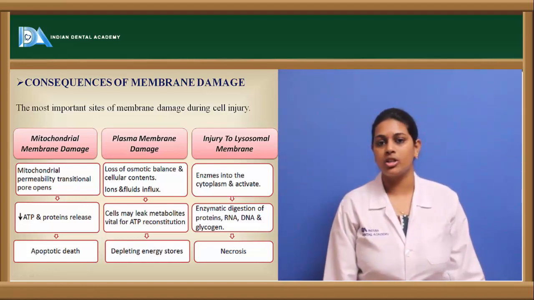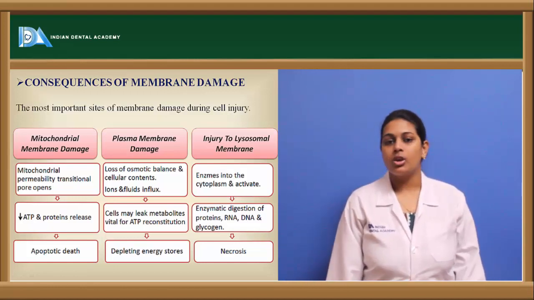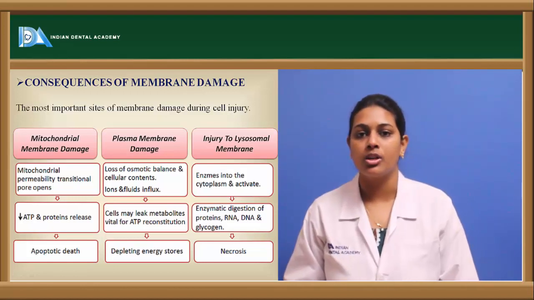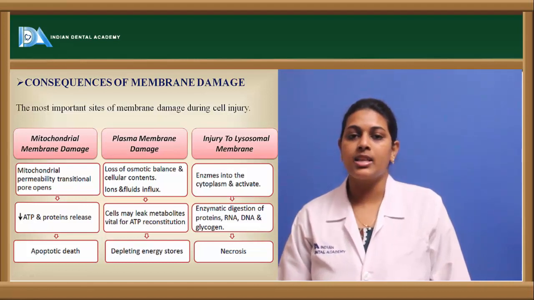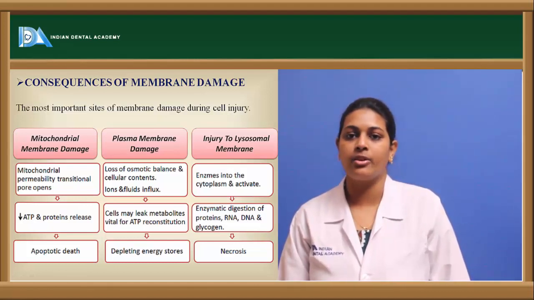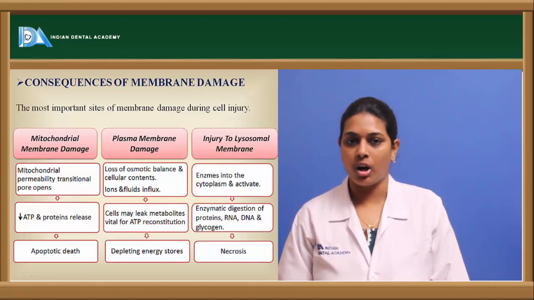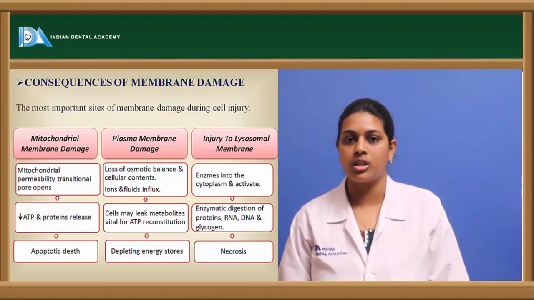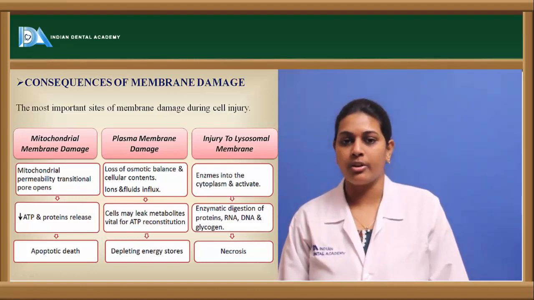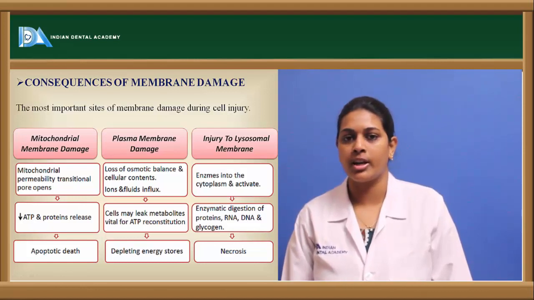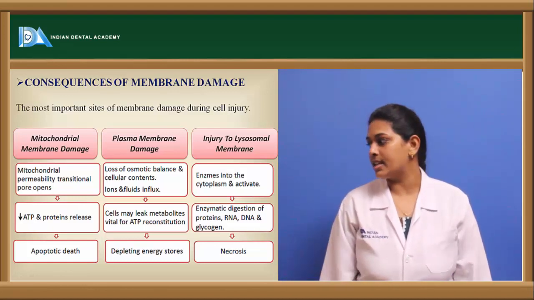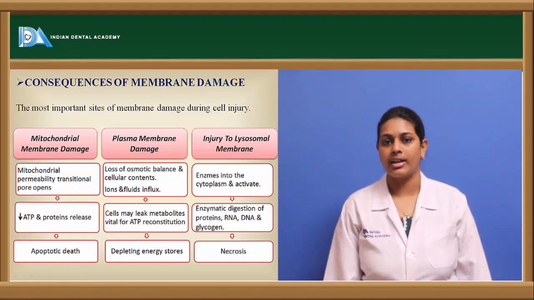Coming to the injury because of lysosomal membrane damage. Lysosomes are membrane bound structures which contain hydrolytic enzymes. These enzymes serve in the removal of cell debris and otherwise the unwanted waste which is harmful to the body and has to be removed. These hydrolytic enzymes present in the lysosomes become affected when there is any damage to this lysosomal cell organelle.